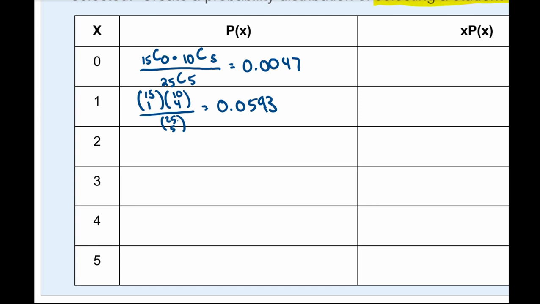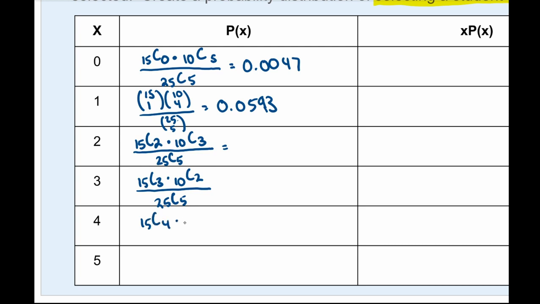So for 2, we have 15 choose 2 times 10 choose 3 divided by 25 choose 5. 15 choose 3 times 10 choose 2 divided by 25 choose 5. 15 choose 4 times 10 choose 1 divided by 25 choose 5.